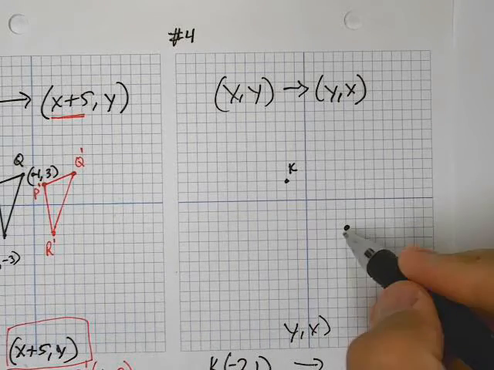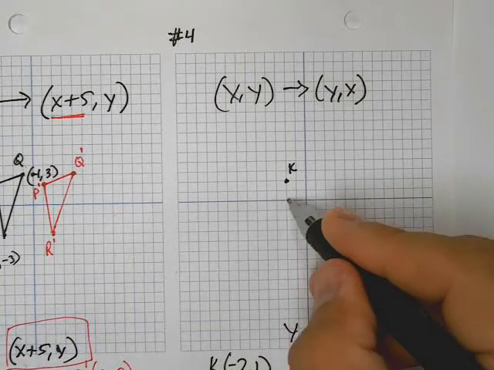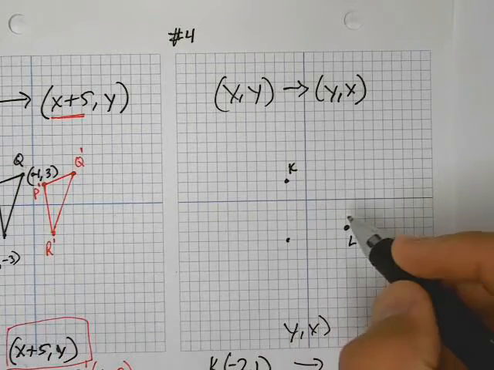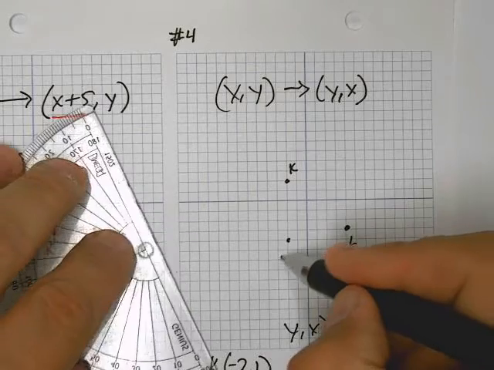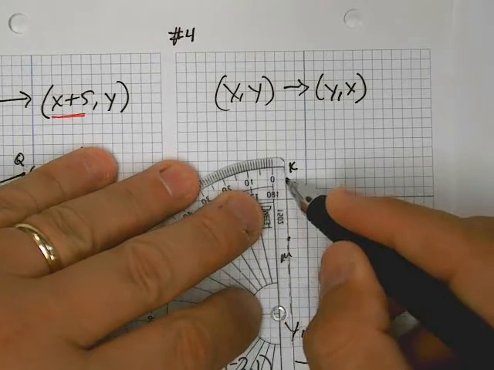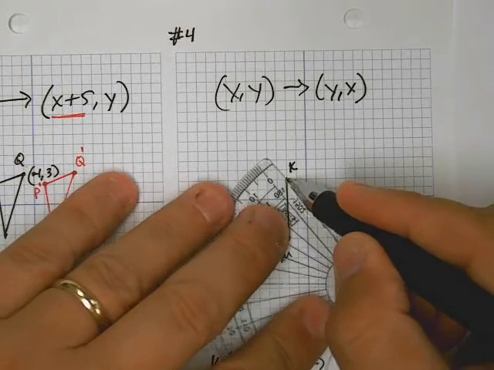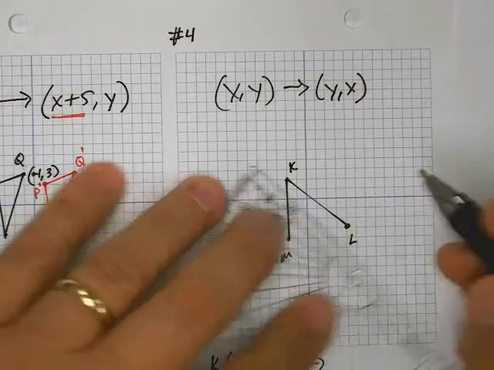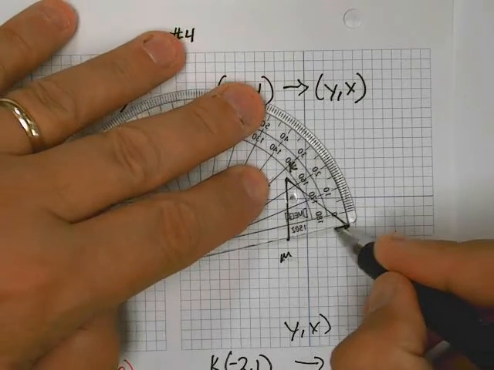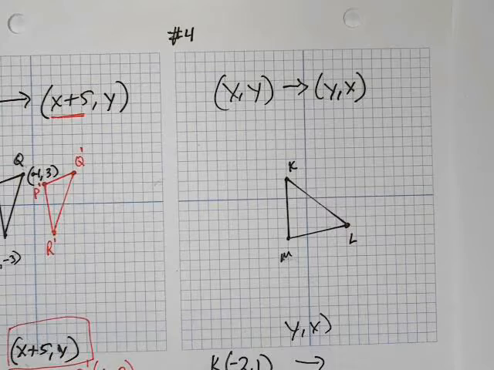Let's plot that. -2, -4. 1, 2, 3, 4. All right, so there's the triangle.